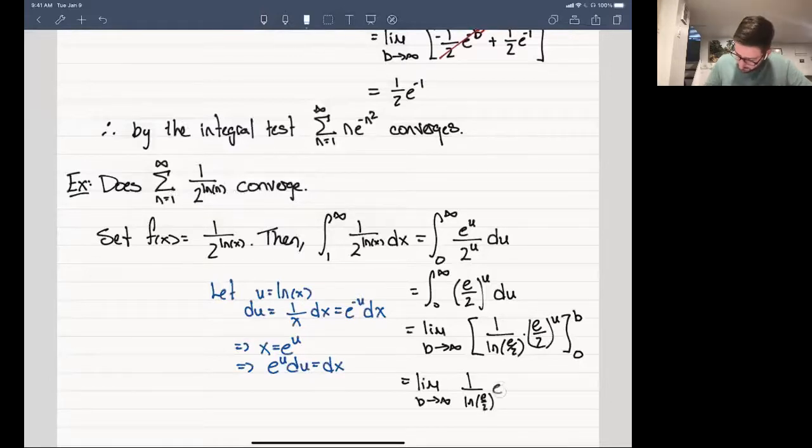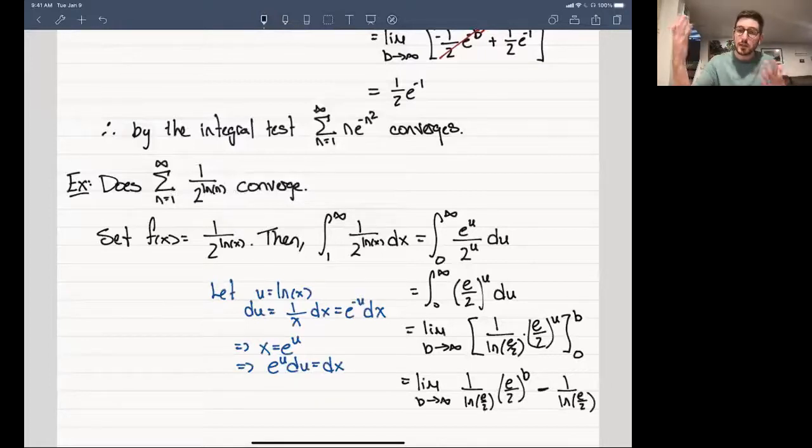I'm just going to expand this out: e/2 to the b minus, now plugging in the lower bound at 0, leaves me with 1 over ln of e over 2.